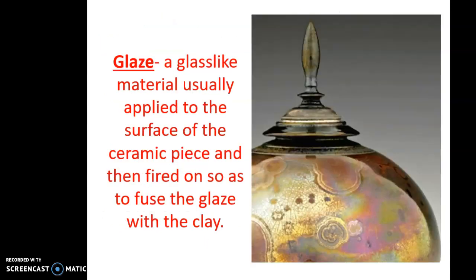Now, what we see on the outside of clay, ceramics, and pottery usually looks like some sort of glassy color has been painted on. And that's usually what we call a glaze. That is that glass-like material usually applied to the surface of the ceramic piece and then fired on so that it fuses the glaze with the clay.